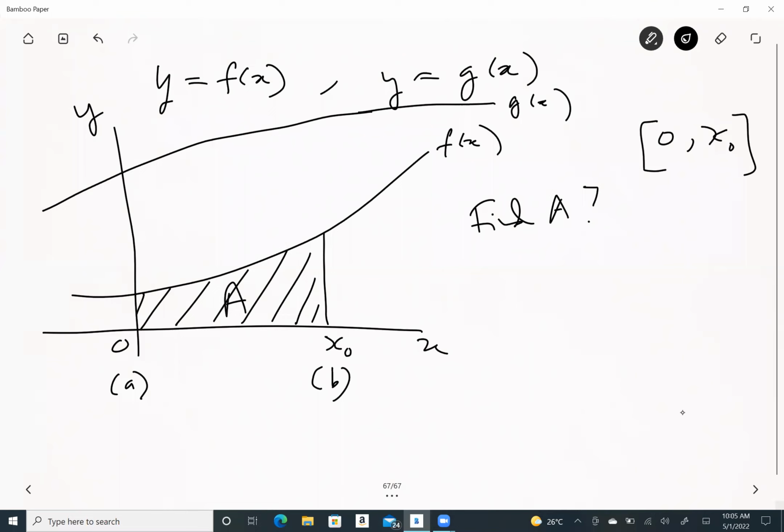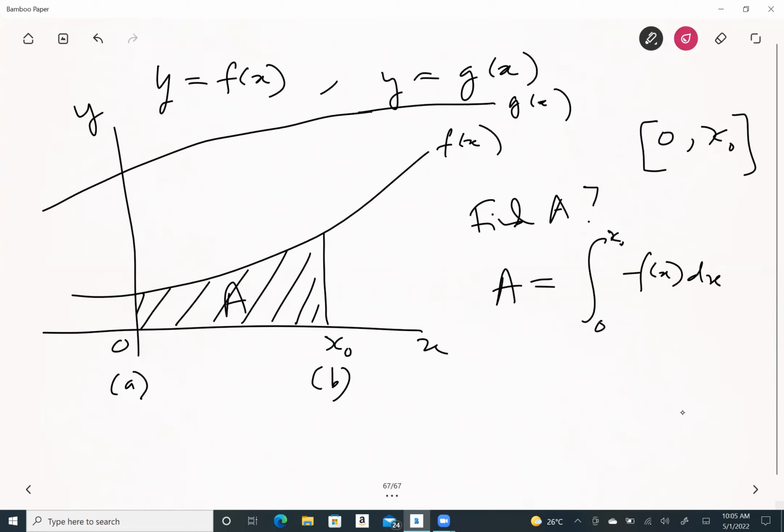Just tell me, area under what function? Area under f of x, from 0 to x0. So area A is very easy. The area from 0 to x0 of f of x dx.